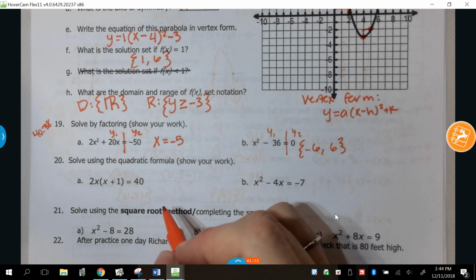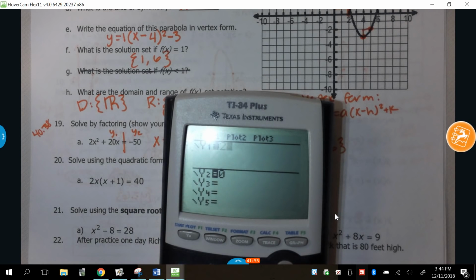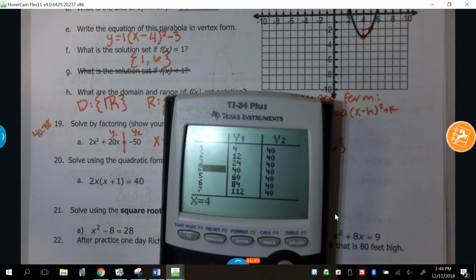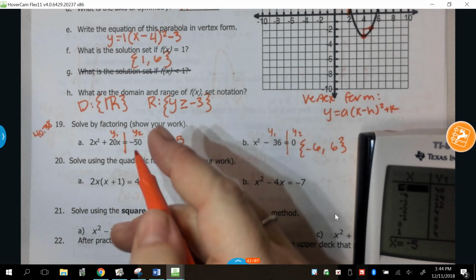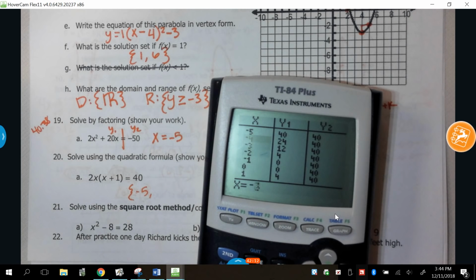Solve using quadratic formula. Again, guys, you can use your calculator. 2x, x plus 1. Looking for where they match. And at -5. Oh, sorry, -5 and 4.